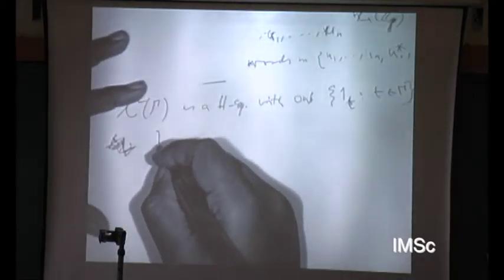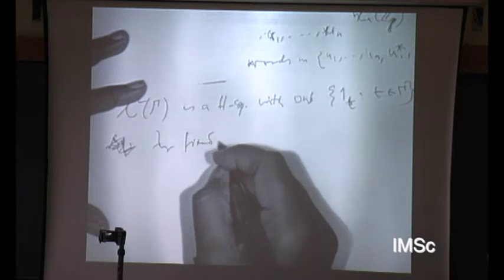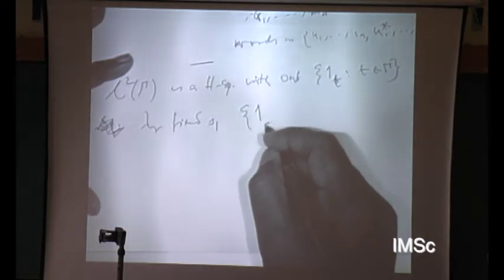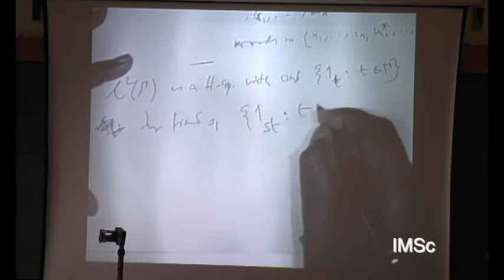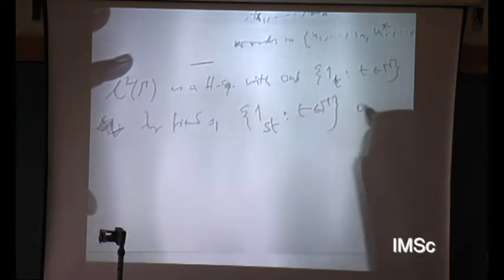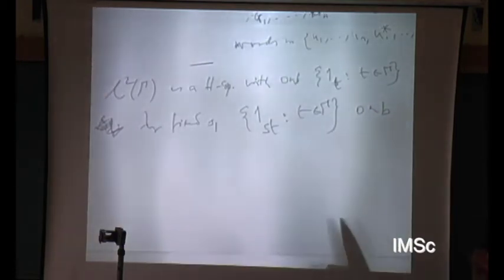So for fixed S, there is this change of variable: 1 sub st, t in gamma, is also going to be an orthonormal basis. This is just the same basis written in some different order.